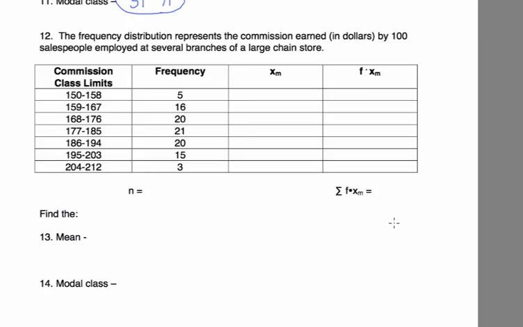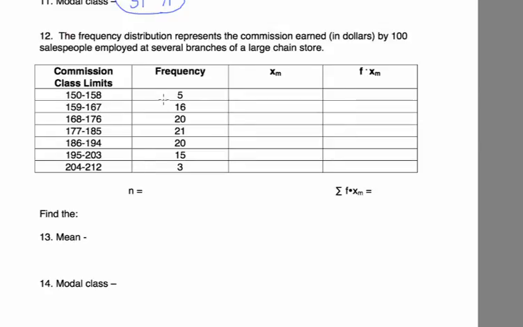This table shows the frequency distribution of the commission earned in dollars by 100 salespeople. So $150 to $158, 5 people got that much. 16 people got $159 to $167.